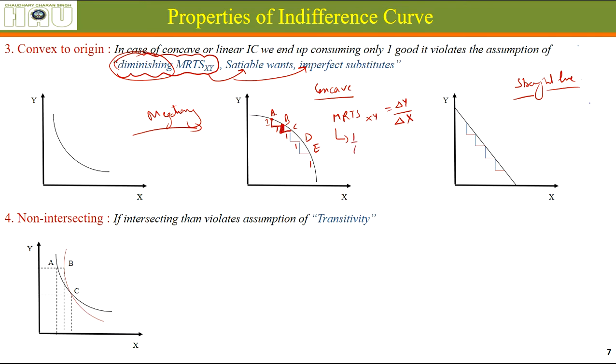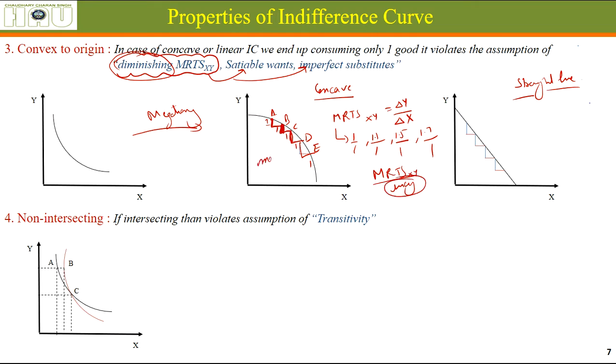From B to C, as you can see, this length is more than this, so he is ready to let go 1.1 unit of y for 1 unit of x. From C to D, he is ready to let go, let's say 1.5 units of y for 1 unit of x. From D to E, he is ready to let go 1.7 units of y for 1 unit of x. That means marginal rate of technical substitution here is increasing. What does it mean?